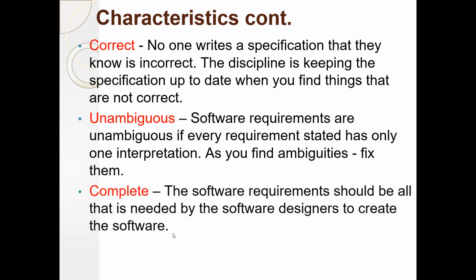Complete. Understood. Software requirements should be all that is needed by the software designers to create the software. So when the requirements document is done and it is taken to the designers or the developers to create the software, the designers should not have to go back to the analyst or the client to find out what do you mean by this.